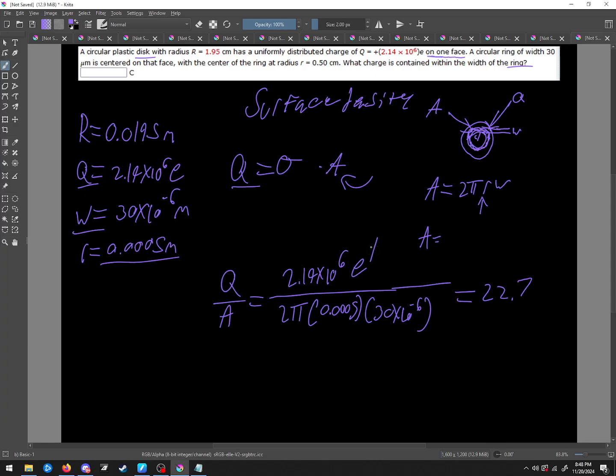I forgot to actually plug in the E in my calculator. Okay, this is still very far off. Very far off.